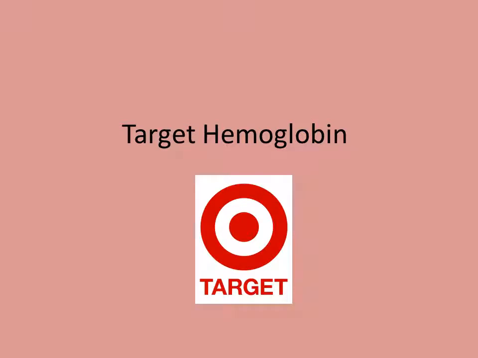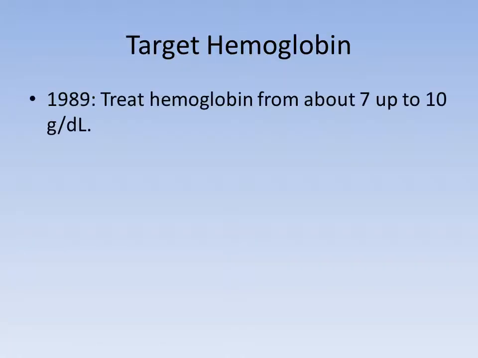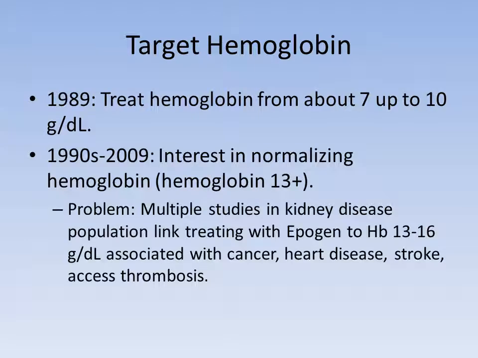Okay, so now we're going to talk about target hemoglobin levels. Although erythropoiesis-stimulating agents have been shown to provide benefit compared to not using them, the optimal target hemoglobin for dialysis patients is really not well defined. In most dialysis patients, we try to maintain it between 10 and 11, but there used to be interest in normalizing the hemoglobin.